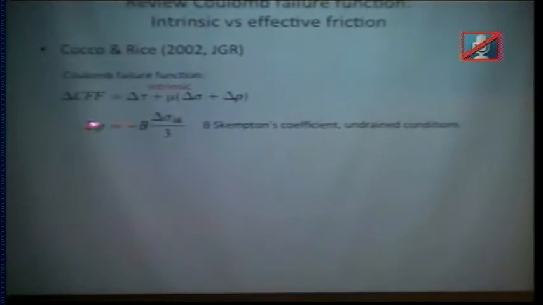And the simplest assumption for the pore pressure change would be that it's some coefficient times the mean stress. This represents the mean stress. And this is appropriate for undrained conditions, which people think is the most appropriate for tremor, for this type of stressing, which changes every 12 to 26 hours.